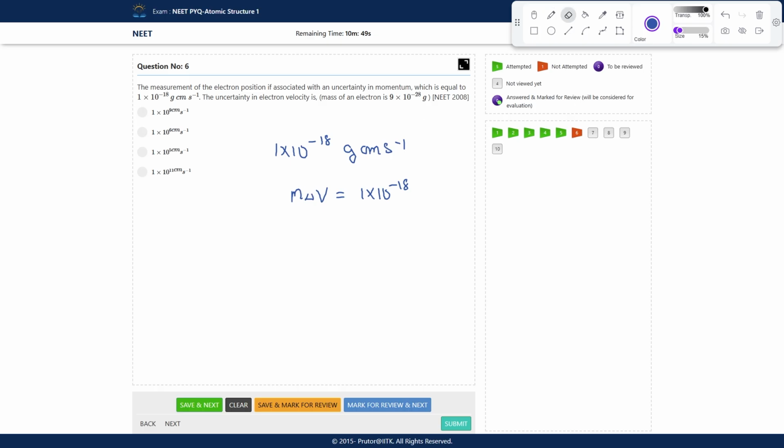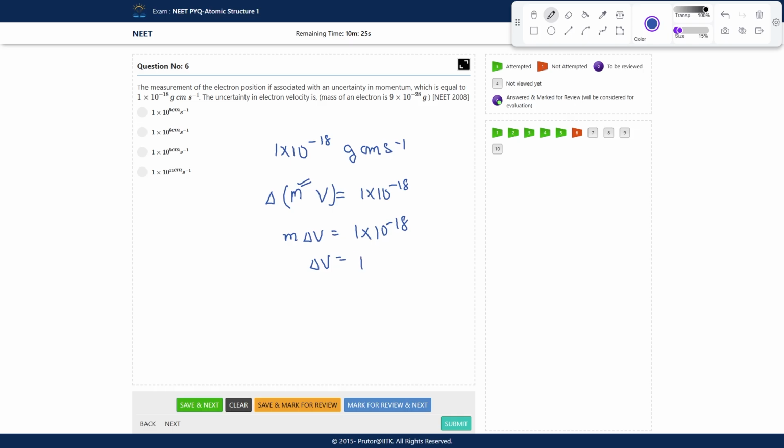So here is a very important point. What is given? Uncertainty in momentum is given. So this value is given. But we know that mass has no uncertainty. So we will take this mass out, and then we will get m delta v equals 1 into 10 to the power minus 18. Right? Further, the mass is also mentioned.